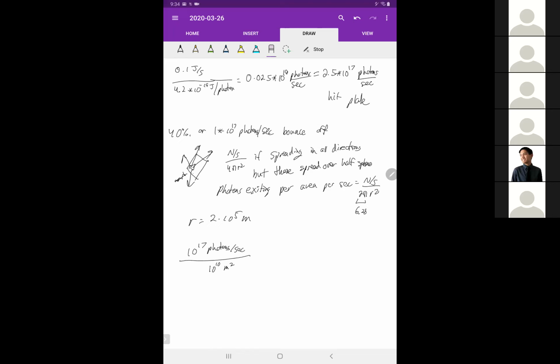Oh, this is going to work out nicely. 6.28 times 4 is roughly 25. So we're going to have 10 to the 7th photons per second per meter squared over 25, or 0.04 times 10 to the 7th photons per meter squared times second, or 4 times 10 to the 5th.